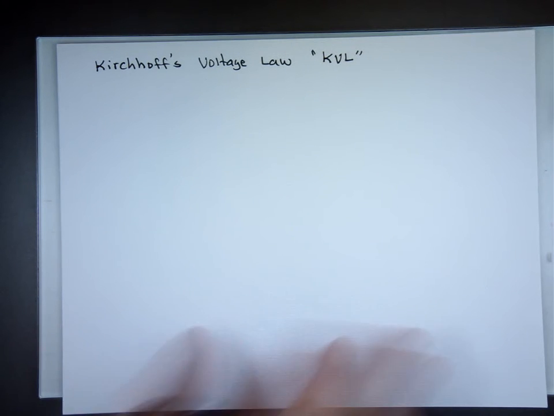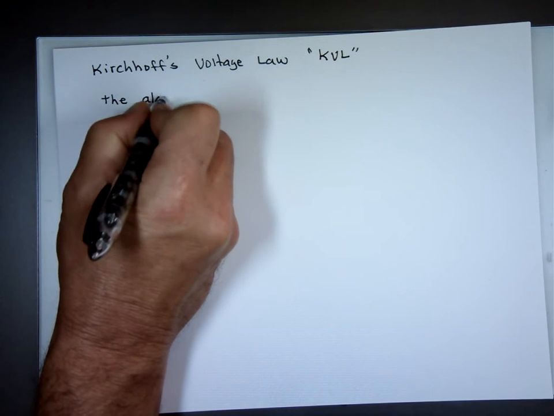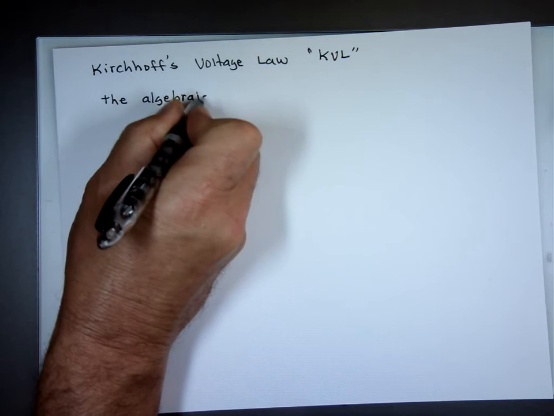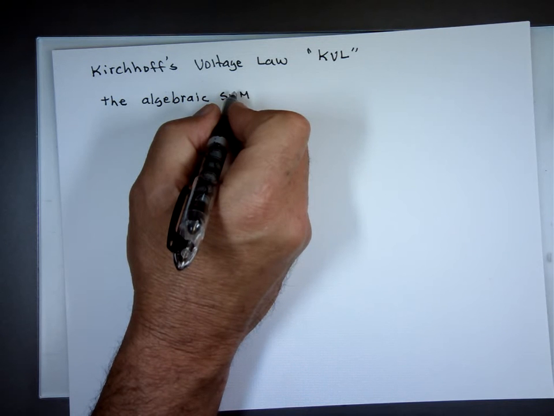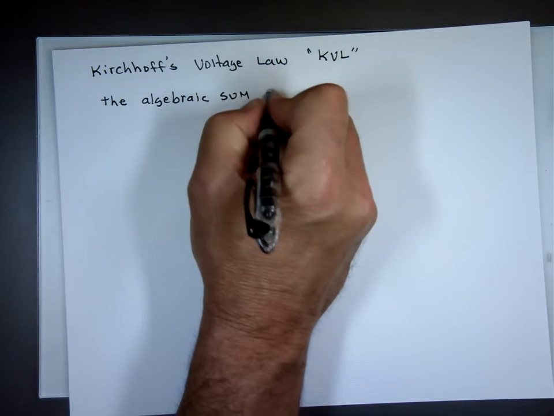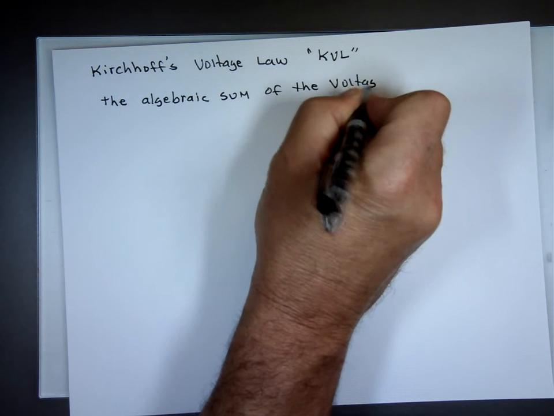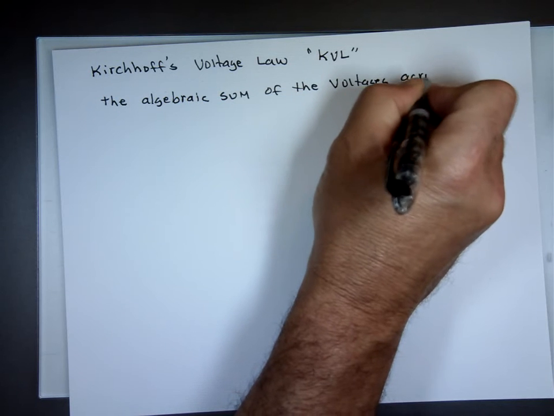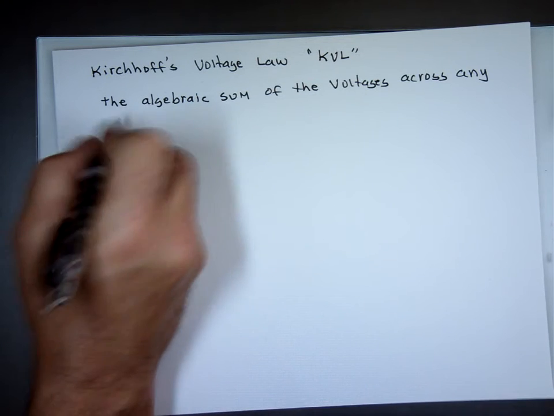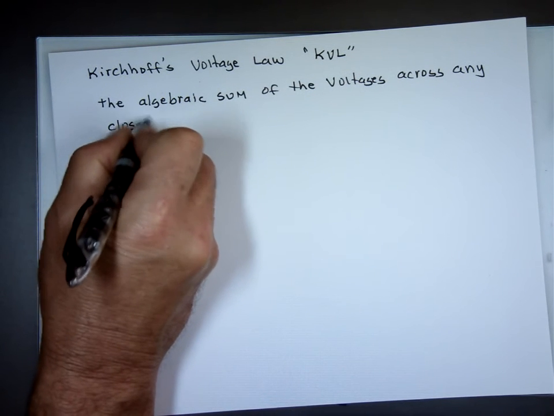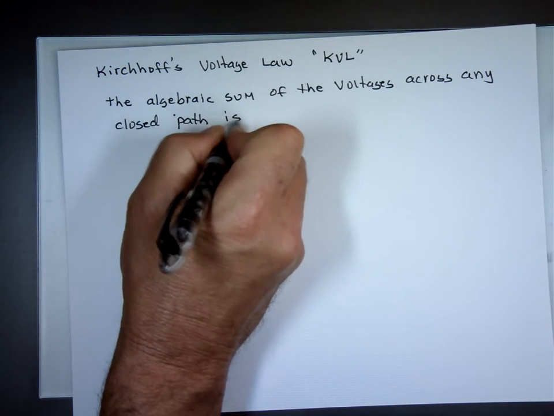And the law states that the algebraic sum of the voltages across any closed path is 0.